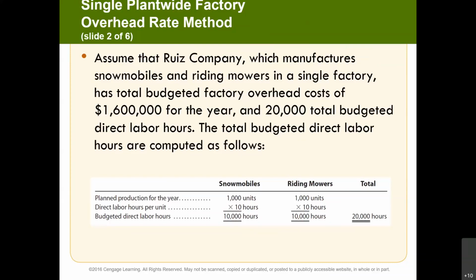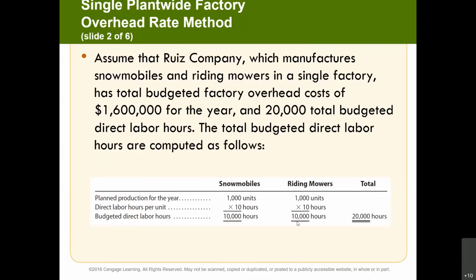For the snowmobiles, the company is expecting to manufacture 1,000 snowmobiles for the year. The company expects that each snowmobile will take 10 hours to produce. And so therefore, we've budgeted 10,000 hours for the year for snowmobile production.